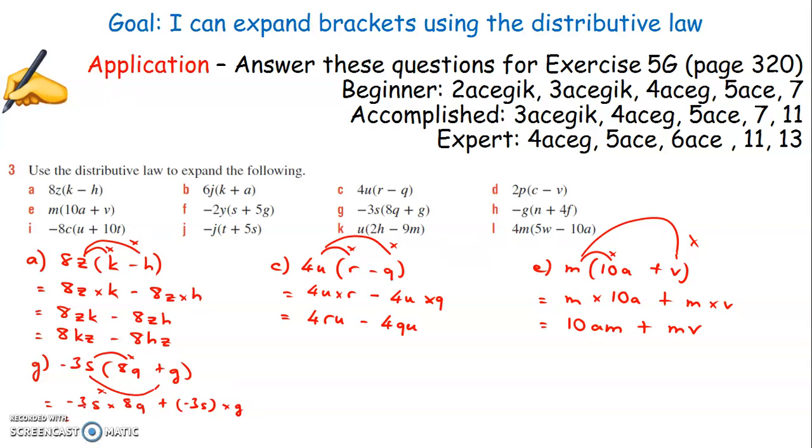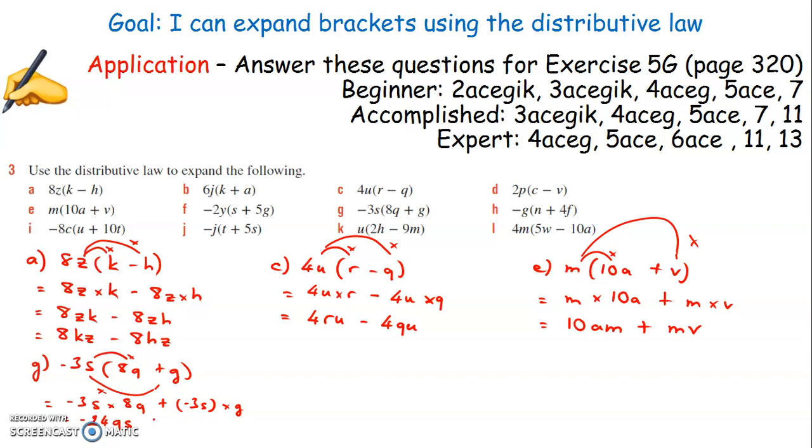Remember, when we've got this kind of algebraic multiplication, we multiply the coefficients together first, and the letters together later. So negative 3 times 8, a negative times a positive, gives you a negative. And 3 times 8 is 24, so this is going to give us negative 24. And then s times q is qs.